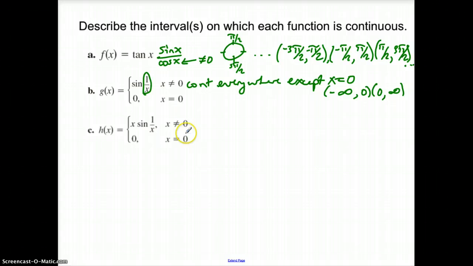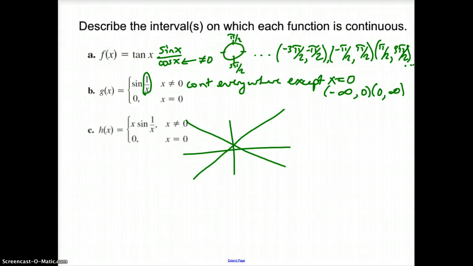And then x times sine of 1 over x, that one's really weird. All right, this graph of x times sine of 1 over x, we can squeeze that between the absolute value graph. I drew that weird. So absolute value graph this way, positive absolute value of x, and the negative absolute value of x.